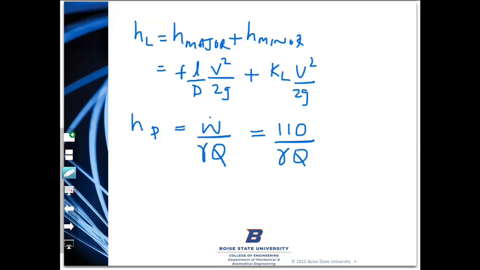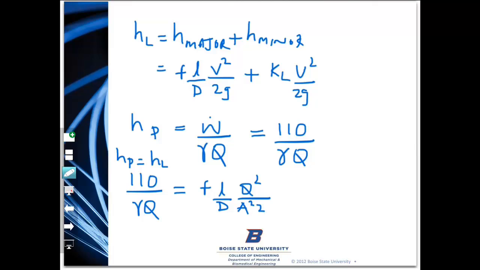Okay, so now I can write 110 over gamma Q, because HP is equal to HL, should be equal to f L over D Q square over A square 2G.